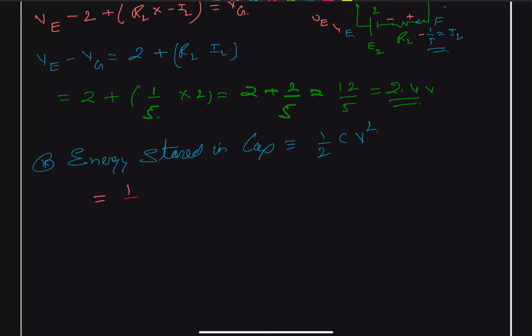We get this as half multiplied by 5 into 10 to the power minus 6, and we just found out 2.4 multiplied whole square, and this comes as approximately 1.44 into 10 to the power minus 5 joules. So this was our particular question.